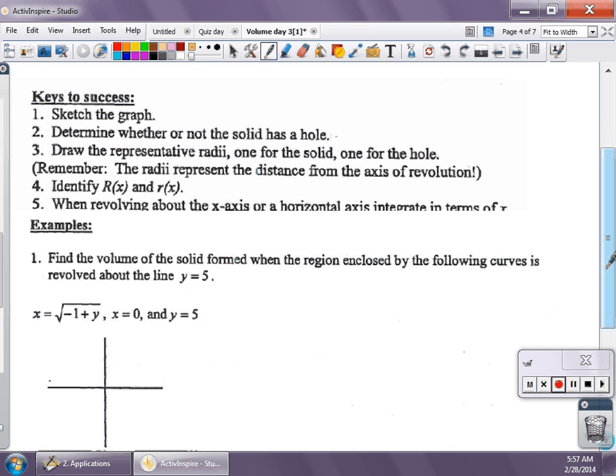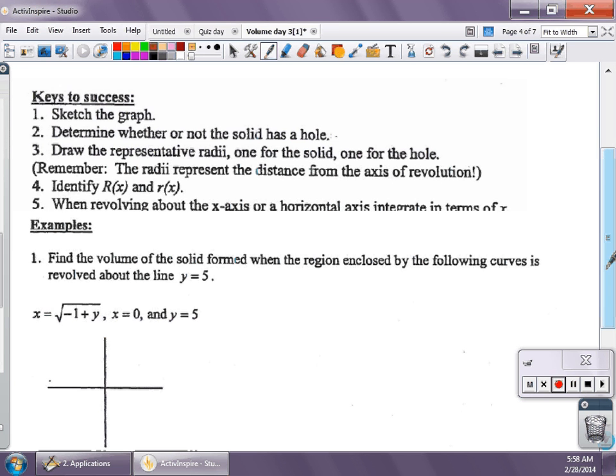Number 3, draw the representative radii so that you can determine the length of that segment, and that's going to be even more important when you're revolving around a horizontal or vertical axis. And then, of course, if there is a hole, you identify the big radius as well as the little radius, and that could also be big R of y and little r of y, depending on what you're revolving about.